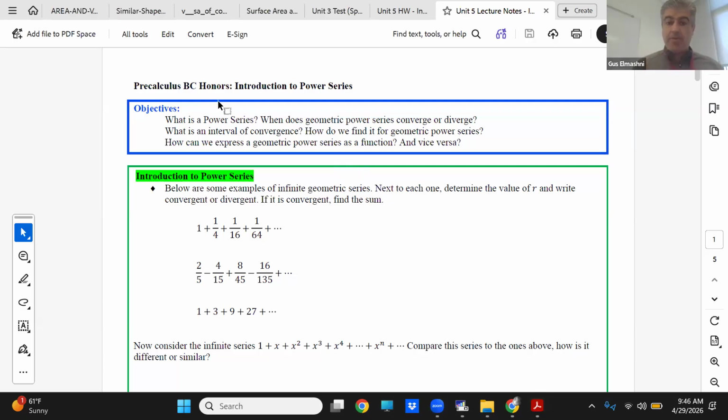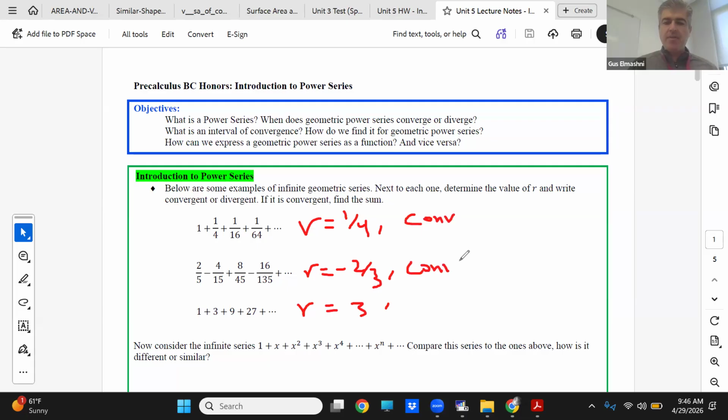Also, we notice that these are geometric. So what are the ratios of each of these? What would you say for the first one? How about the second one? Good. How about the third one? Yeah, easy. And in terms of their sums, because now we know about the ratio, obviously this will converge, and diverge.